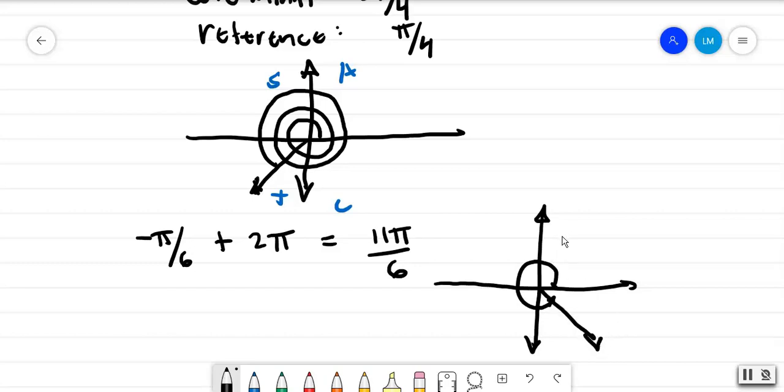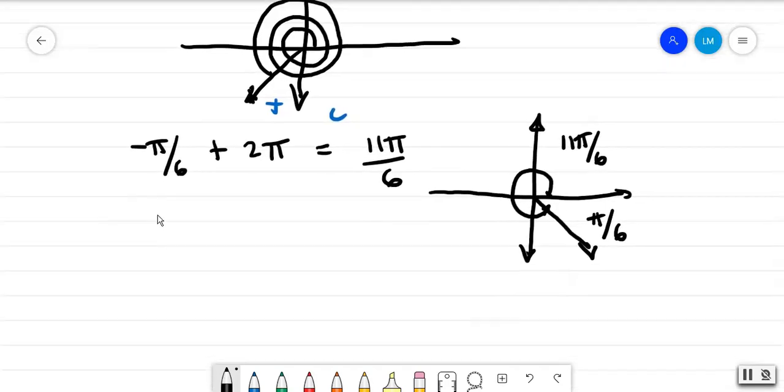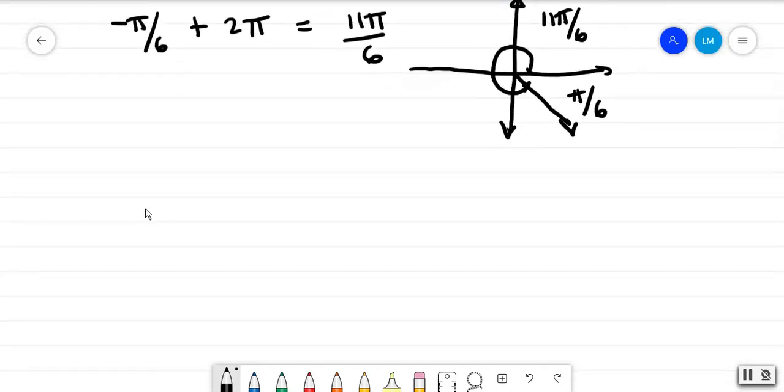This would be 11 pi over 6, and this right here is the reference angle, which is pi over 6. It terminated in the fourth quadrant, which means it's going to be positive for only secant and cosine, or cosine and secant. I said it backwards.